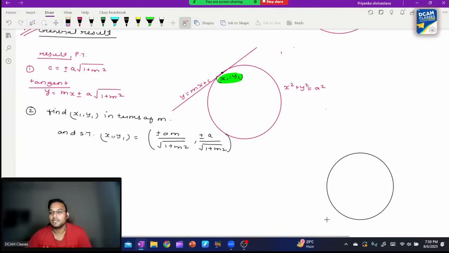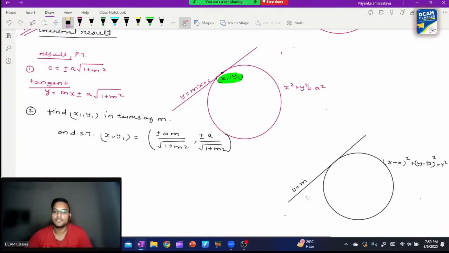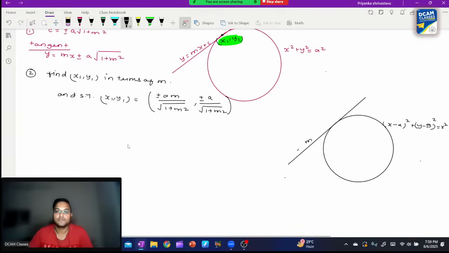If the circle is like this, x minus alpha whole square plus y minus beta whole square is equal to r square, in that case the equation of tangent becomes, if the slope of the tangent is given to be m, then you can easily take the equation of tangent as this one: y minus beta is equal to m into x minus alpha plus or minus r root over 1 plus m square.